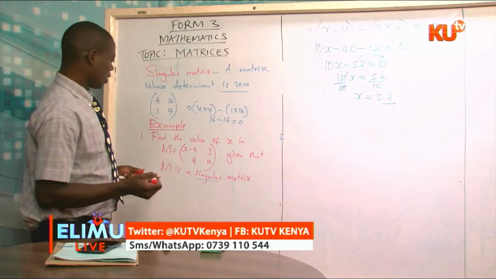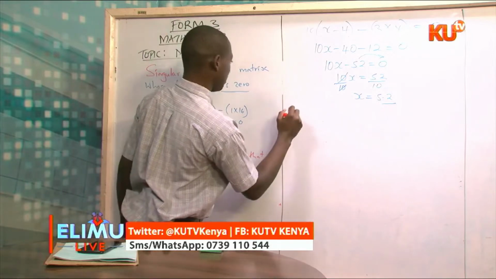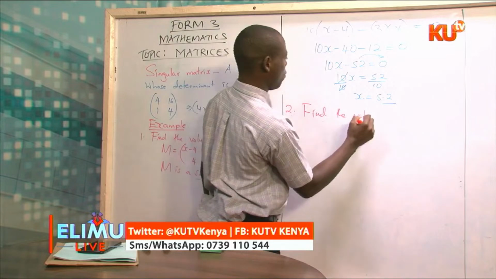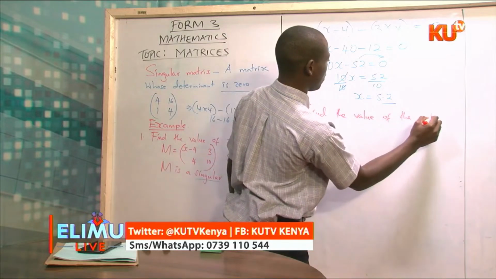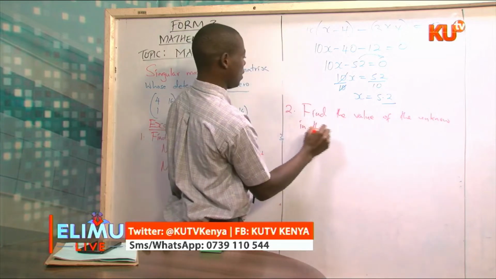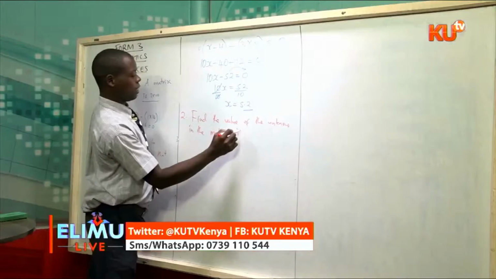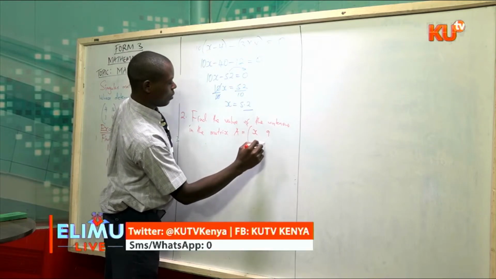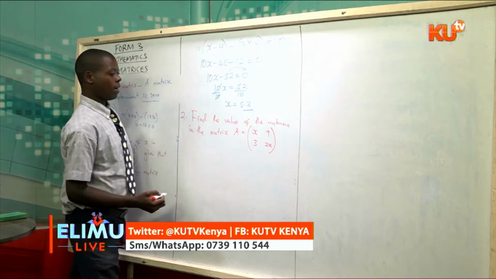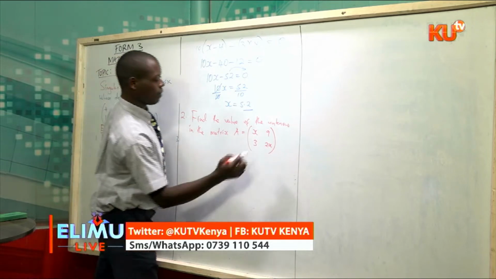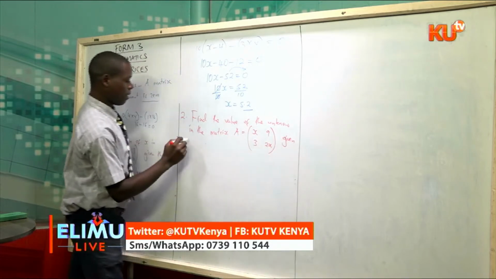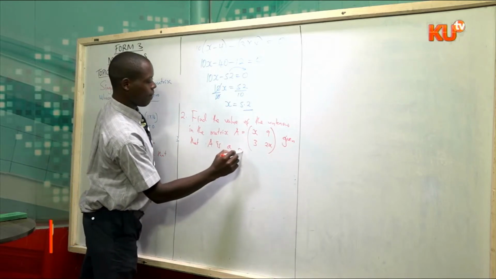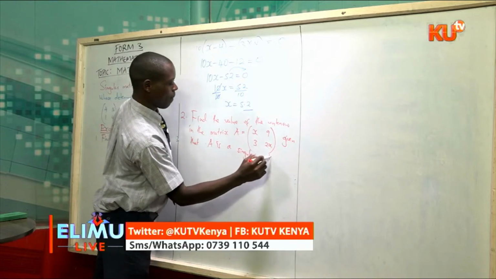If that is not the case, then we will have such a structure that says: find the value of the unknown in the matrix A equal to x 9 3 2x, given that A is a singular matrix.